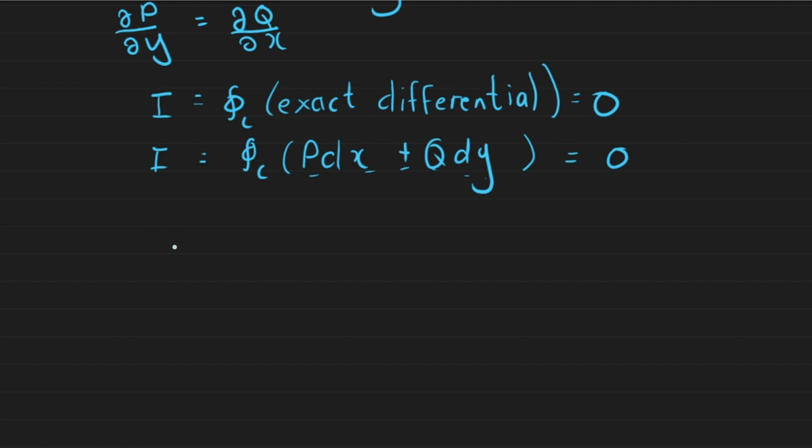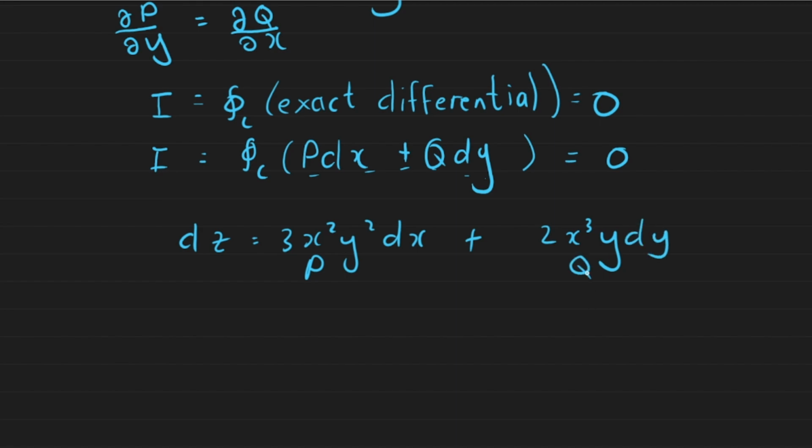So let's just take some function differential. We say 3x squared y squared dx, so this is our p, plus 2x cubed y dy, and this is our q.